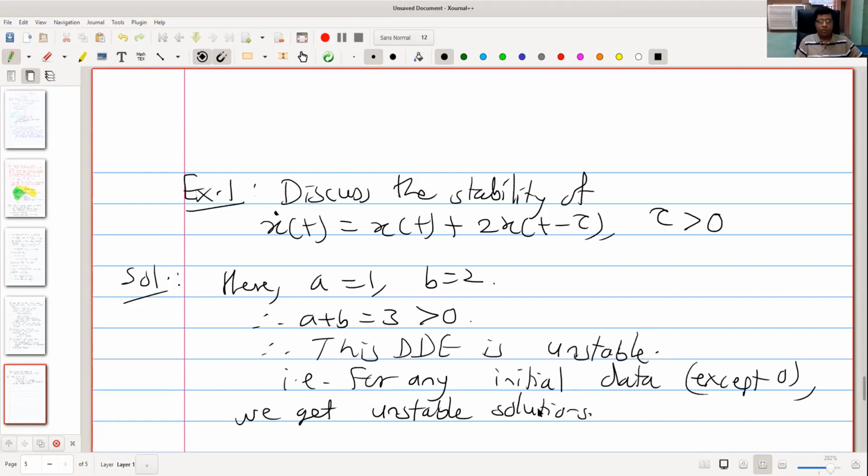If the initial value x of 0 is 0, then we get 0. Otherwise, we get unbounded solutions. This can be verified using a Wolfram plot. So first we solve three or four examples theoretically, and then we verify using Wolfram plot.